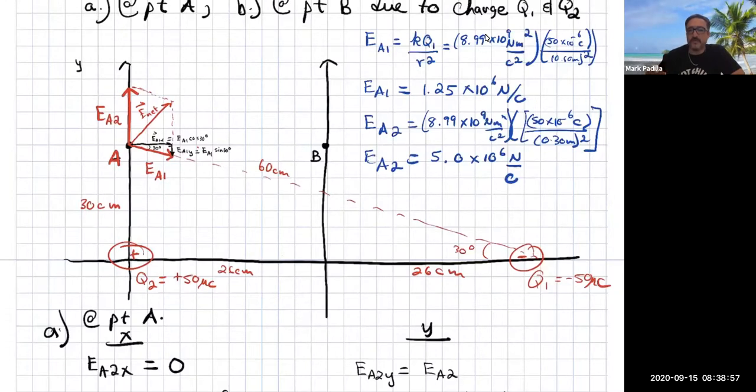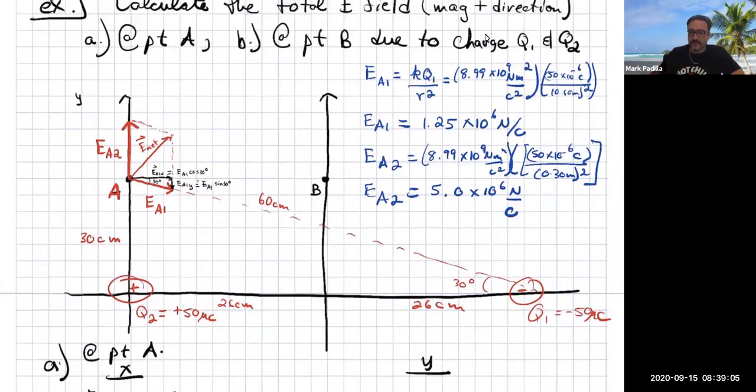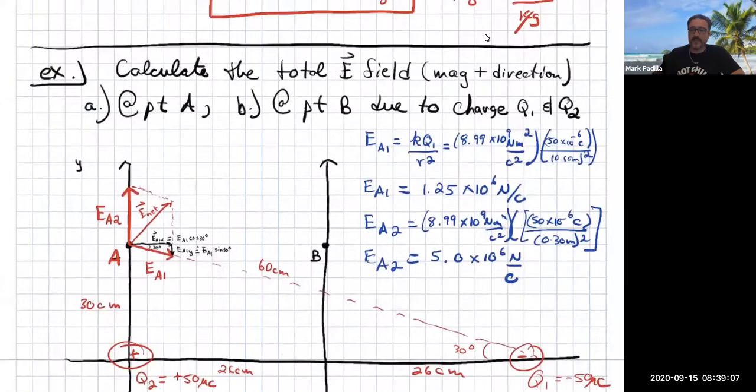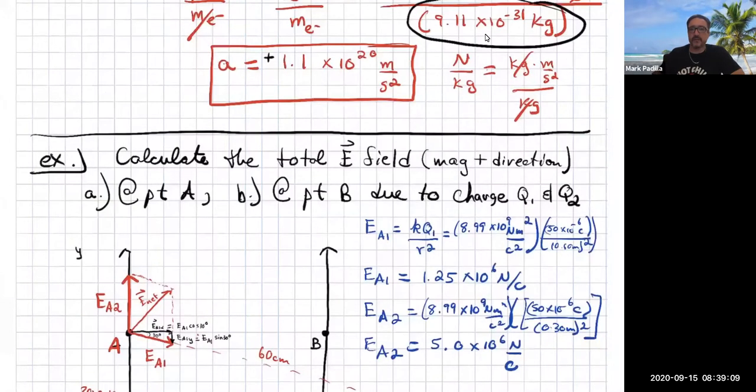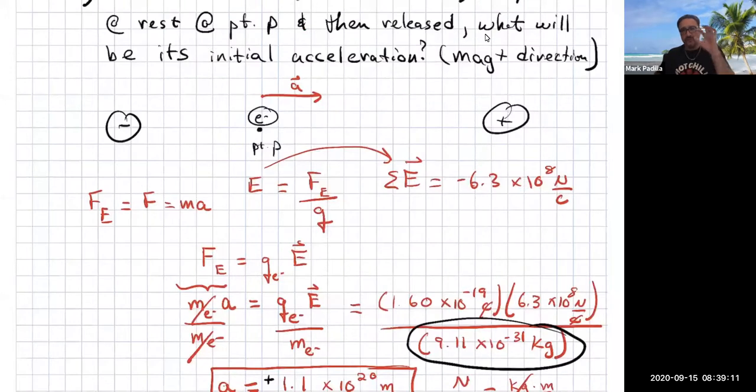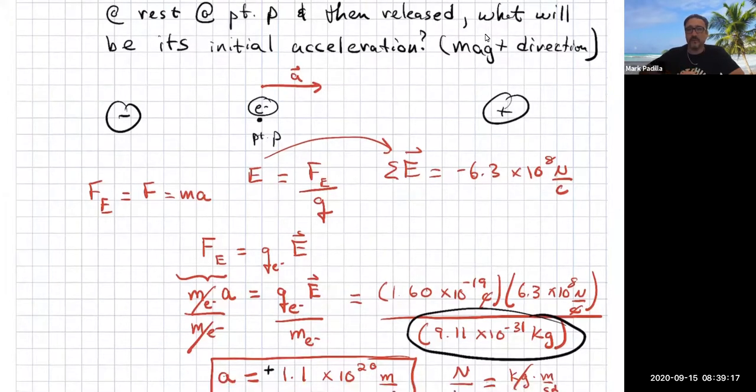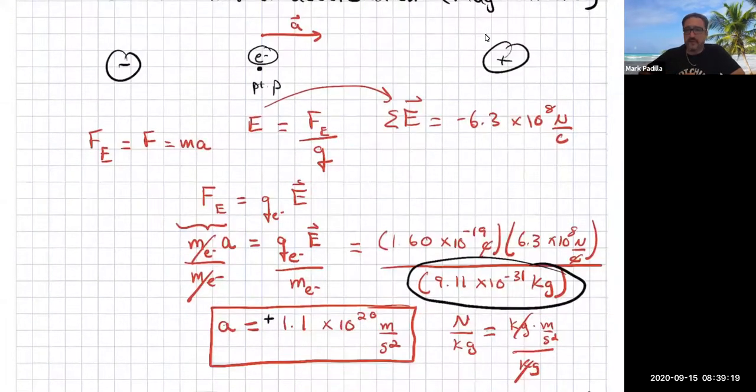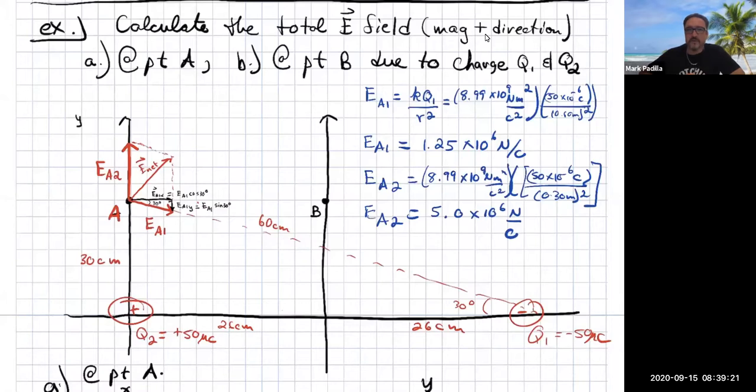We could drop any type of charged particle there and we would know the direction of movement, just like we did in part B. We dropped an electron between those two charges, right? So finding the net electric field at a certain point allows us to give direction to any type of electric particle gun we want to produce.